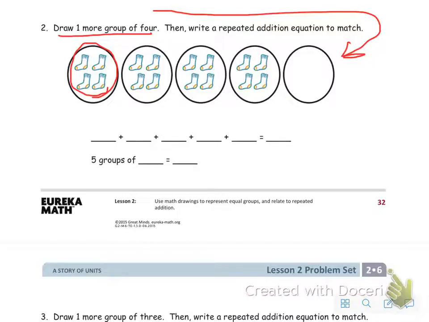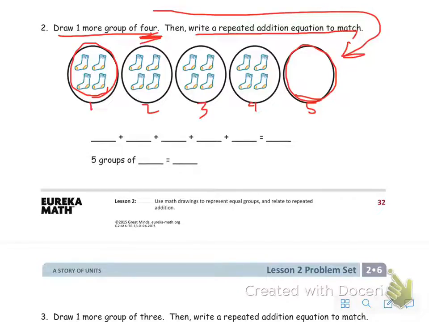Okay, and then it says to write a repeated addition equation to match. So we have 1, 2, 3, 4, 5 groups. Now keep in mind that you are going to have to fill in this one. And remember that it's a group of 4, okay?